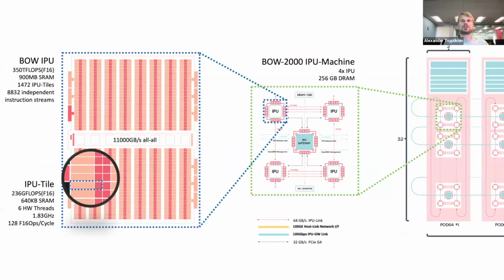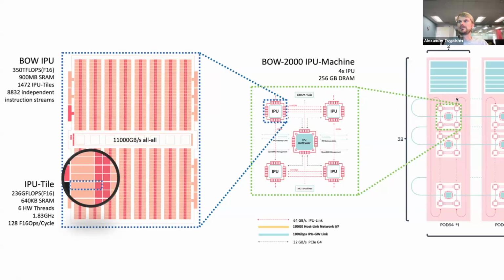I just want to mention here, as a quick recap from the previous sessions, that each IPU, each processor is put in a blade, which we call Bow 2000 IPU machine. It has 4 IPUs connected together with IPU links and forming a torus in the rack. A rack will be hosting 64 IPUs, and we call that system a pod 64.